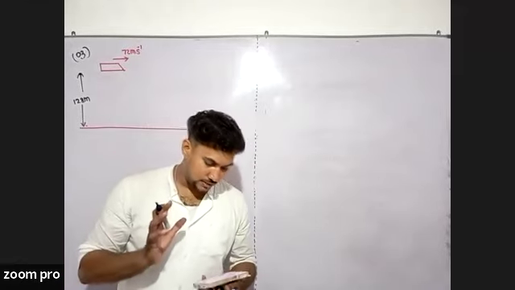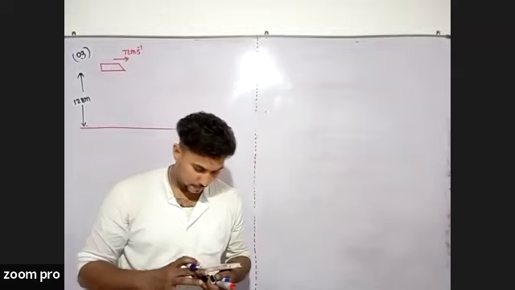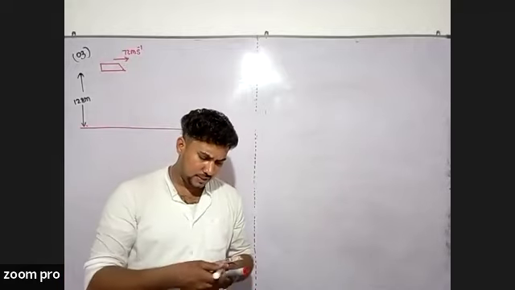Now this truck is moving at a constant speed, right? The dimension of a truck is 10 meters length and 3 meters height.